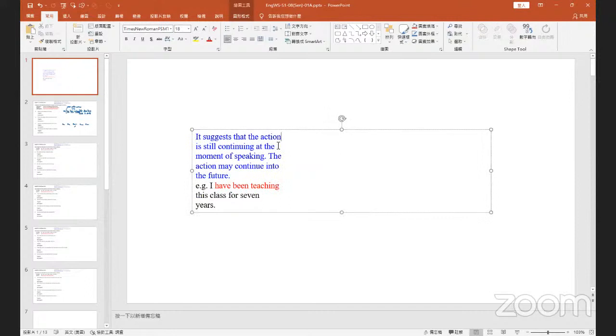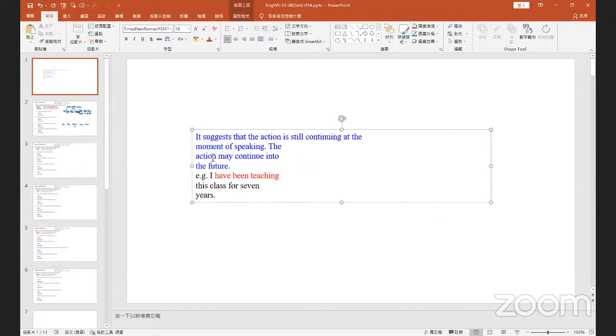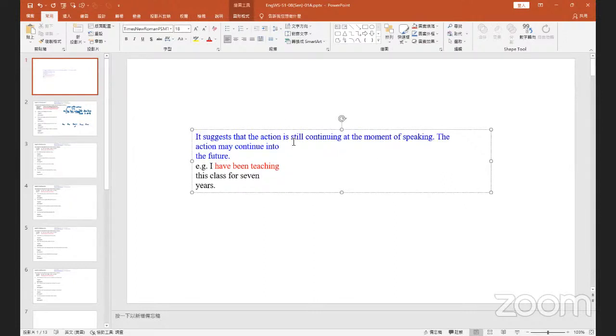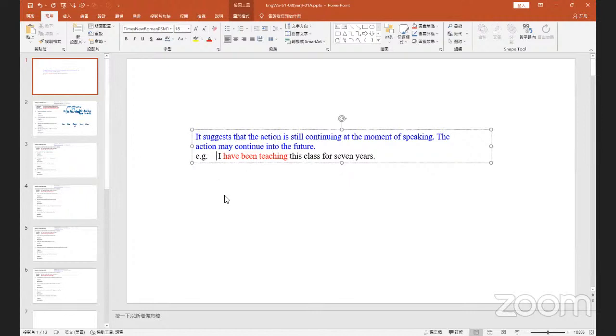Present perfect continuous tense is used to suggest that the action is still continuing at the moment of speaking. The action may continue into the future. For example, I have been teaching this class for 7 years.